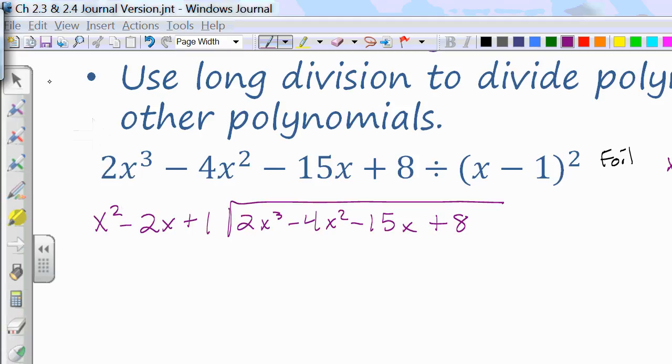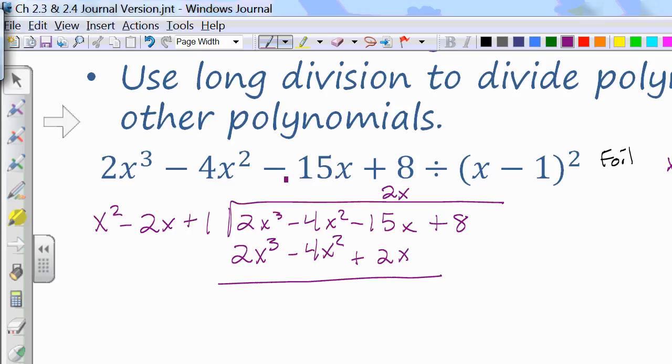The answer is going to be 2x. 2x times x squared minus 2x plus 1: 2x times negative 2x gives me negative 4x squared, and 2x times 1 gives me plus 2x. Notice this falls away and that falls away.